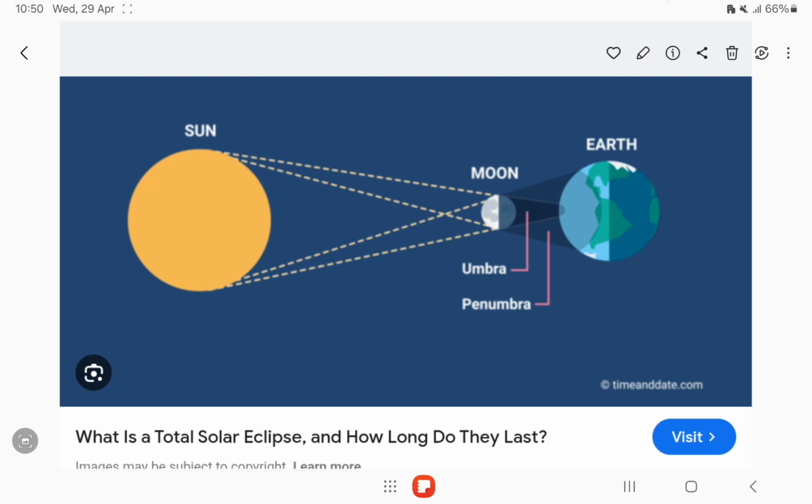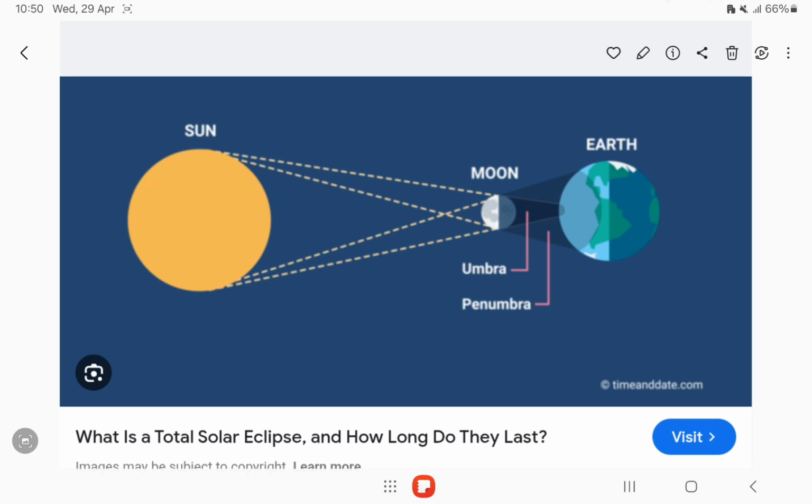This is total solar eclipse. In this picture, the first image is sun, in the middle moon and third is earth.